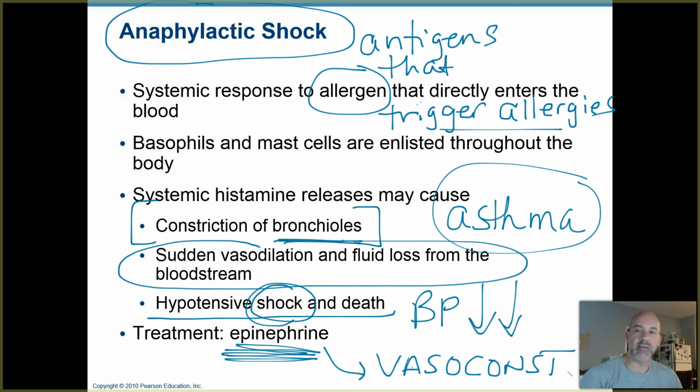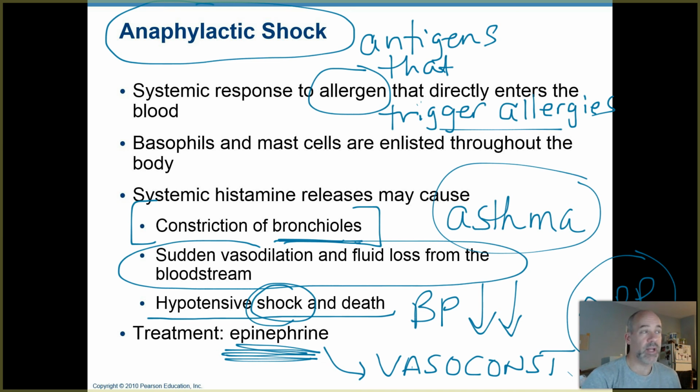Right, so if somebody is going into anaphylactic shock, you give them epinephrine, it very quickly triggers blood vessels to constrict. And what's that going to do to your blood pressure? Yes, you're an expert at blood pressure now. That's going to increase your blood pressure because you have increased your peripheral resistance, and so that's going to help somebody survive one of these anaphylactic shock situations.